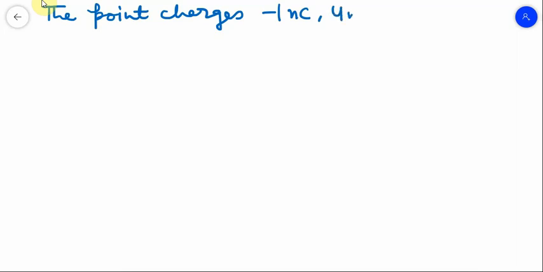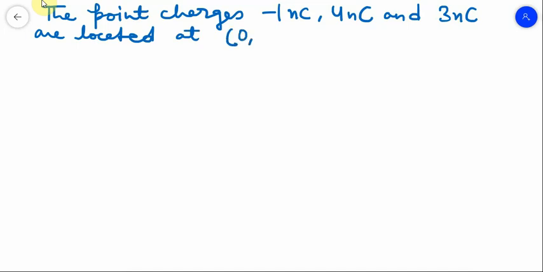The next numerical is: the point charges minus 1 nanocoulomb, 4 nanocoulomb, and 3 nanocoulomb are located at the points whose coordinates are given, that is 0, 0, 0; 0, 0, 1; and 1, 0, 0.